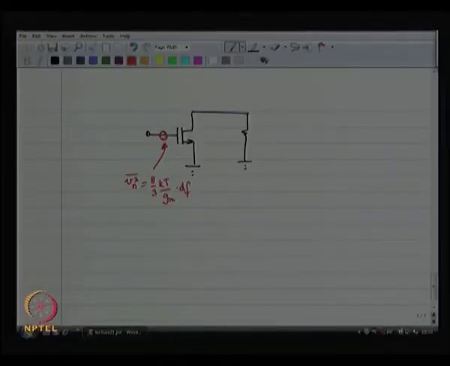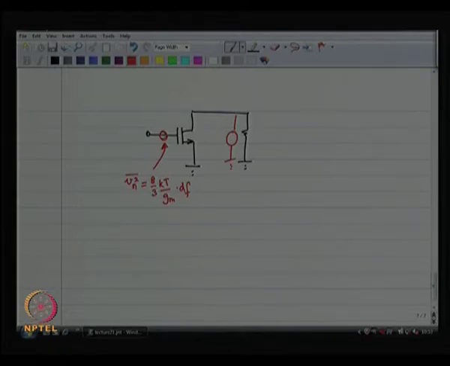So, if you are modeling the MOSFET in this fashion, then it is easier to see what is the input referred noise voltage, especially for the MOSFET. Okay. One more thing, this resistance, it is producing a noise current of so much.